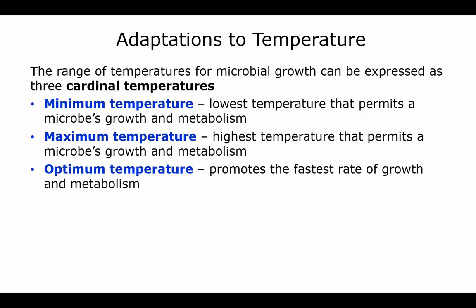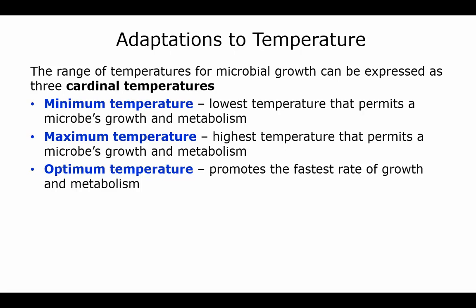So you think about minimum. A minimum temperature would tell us, okay, this is the lowest temperature that you could put them in where they would actually continue to grow. In other words, anything lower than this, more than likely, is going to kill that organism. Maximum temperature would then tell you the highest temperature that they would still grow. Anything higher than that, again, would typically kill them. And then they also typically give you what we call the optimum or optimal temperature, and optimum means the perfect one.